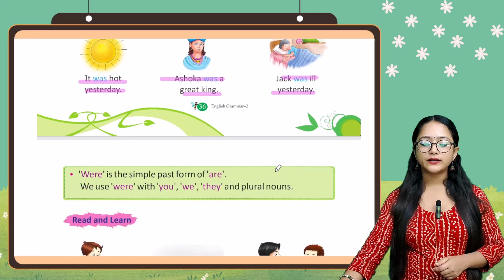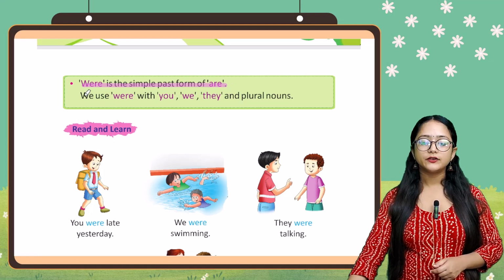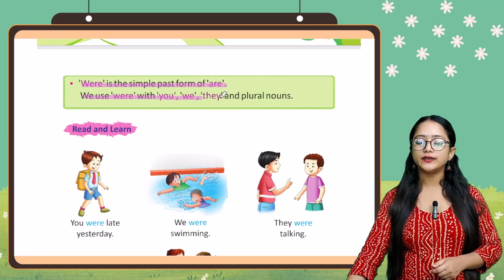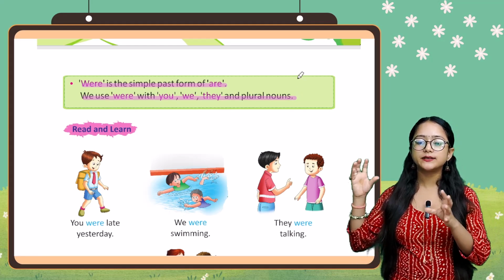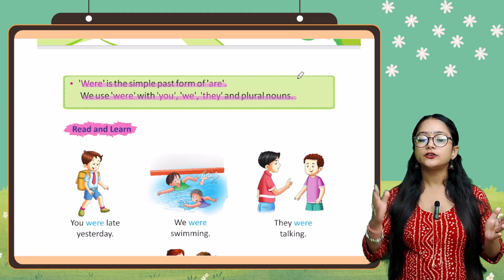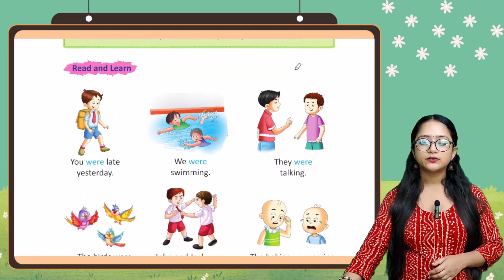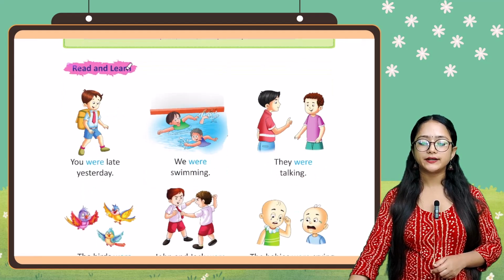Now let's talk about were. Were is the simple past form of are. We use were with you, we, they, and plural nouns. So basically were is the simple past form of are, and we use were with you, we, they, and the plural nouns. So they have given the examples also. Read and learn. First one, you were late yesterday.